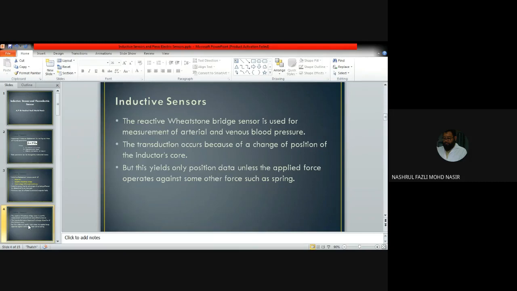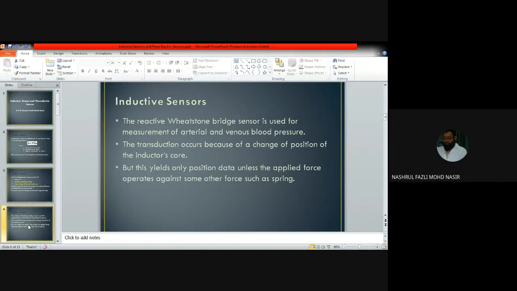The reactive Wheatstone bridge sensor, together with the inductive sensor, is used for measurement of arterial and venous blood pressure. It is similar to what we have for the traffic light. It can sense the difference in the displacement of our blood pressure.